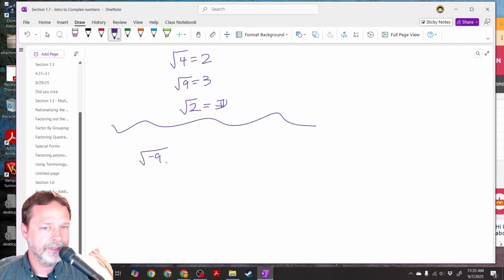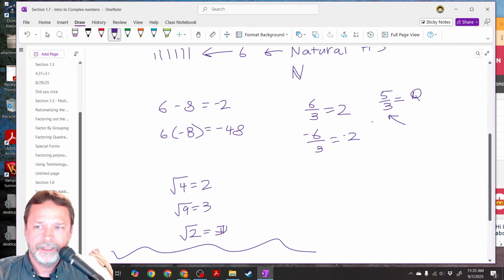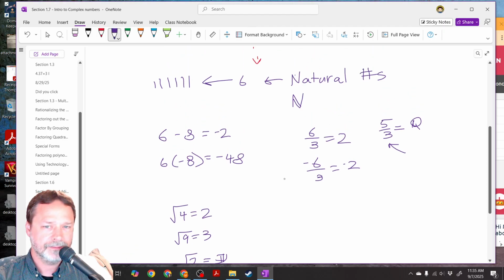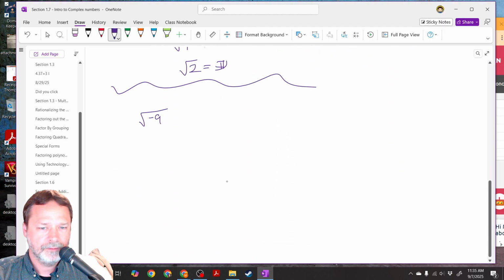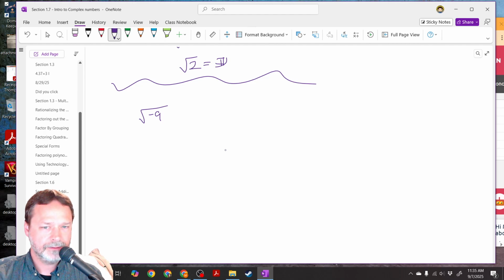That's an operation we still have trouble with if we don't know complex numbers. All these other things we can deal with now: square root of 2, 5/3, -5/3, negative numbers. But what we don't know how to do is take the square root of a negative. Why don't negatives have a square root? There should be a way, right?